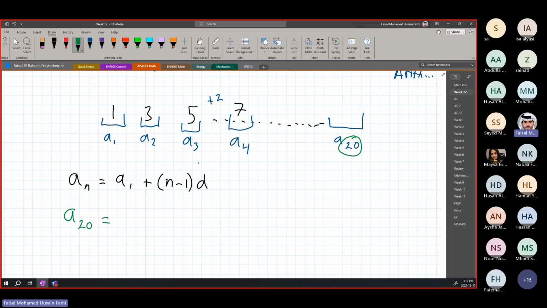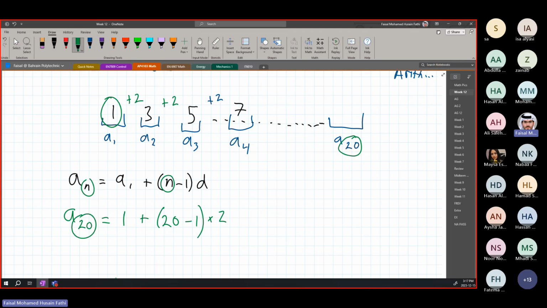What is A1? A1, we already know, is equal to 1. So we have 1 plus, what is our n? Our n is the 20 over here. So we have 20 minus 1 times the common difference. The common difference you need to find depending on the sequence that you have. Knowing that this is an arithmetic sequence and the common difference is plus 2, we know that d is simply 2.